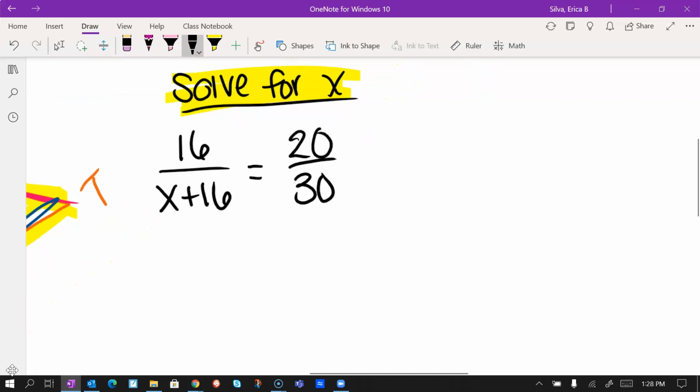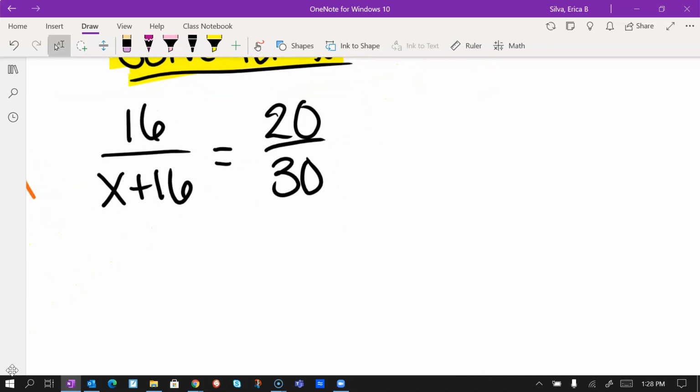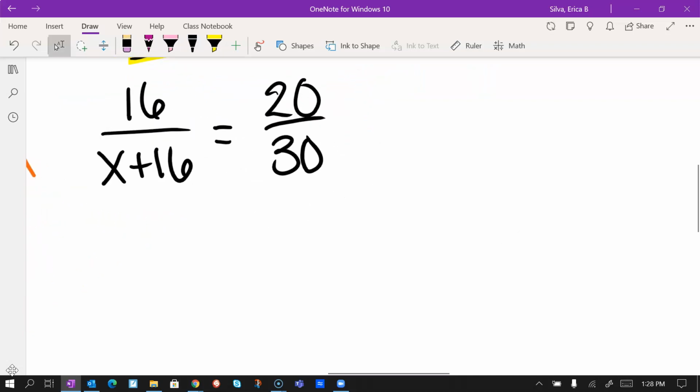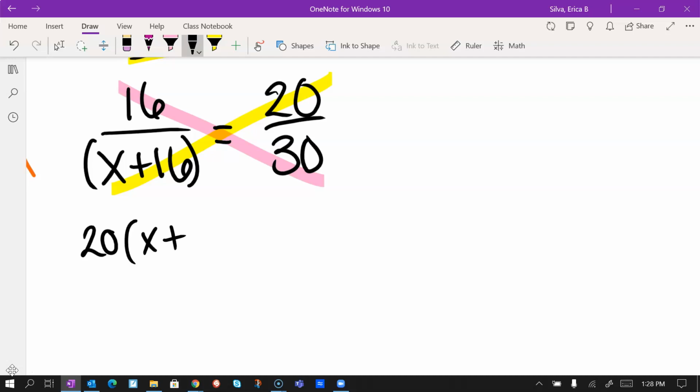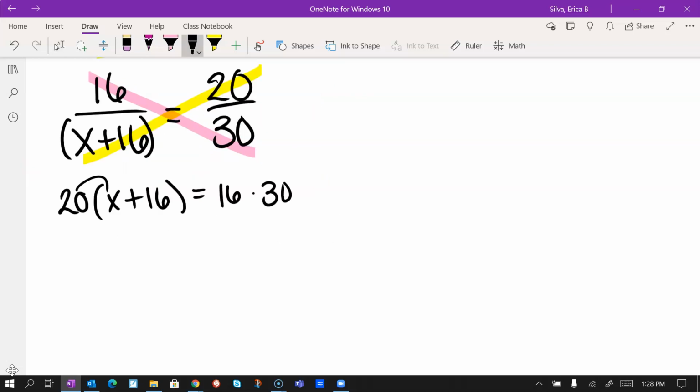Now that we have two ratios that are equal, we can cross multiply to solve that proportion. When we have an expression, we want to put parentheses around it, multiply these two, and multiply those two. So we've got 20 times (x plus 16) equals 16 times 30. Question so far? Okay, now we're going to distribute 20 times x.